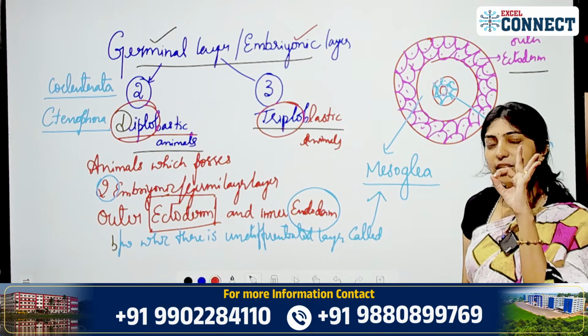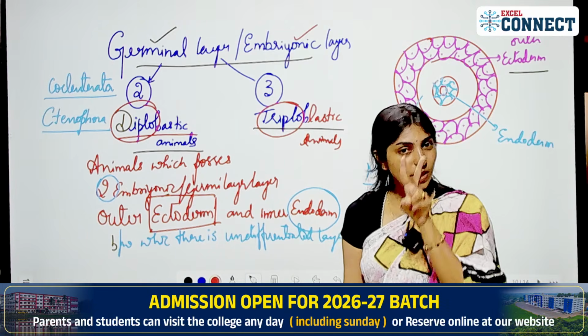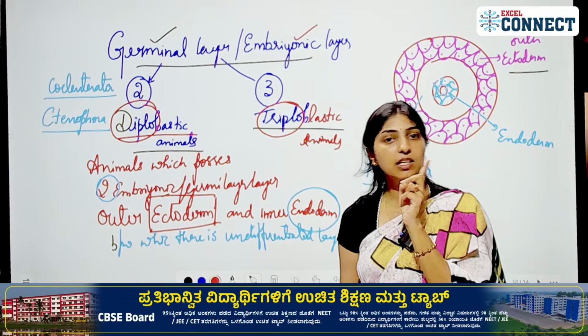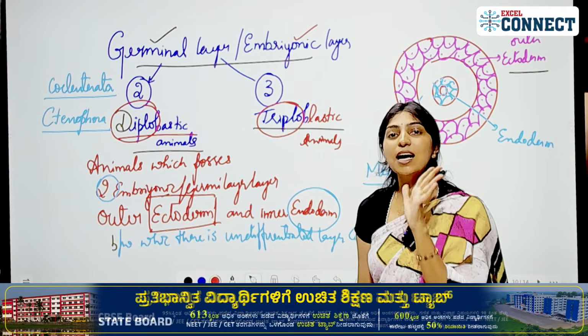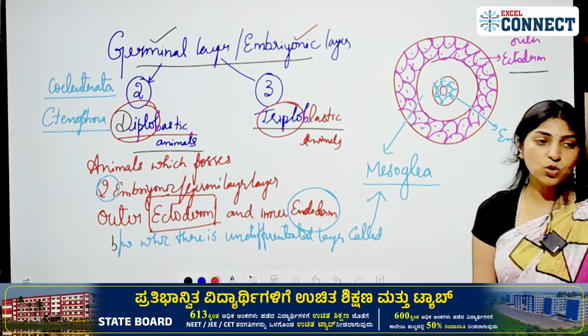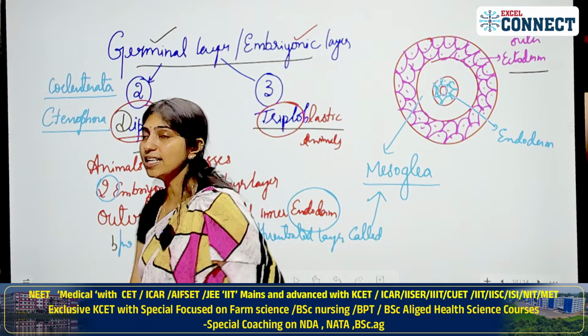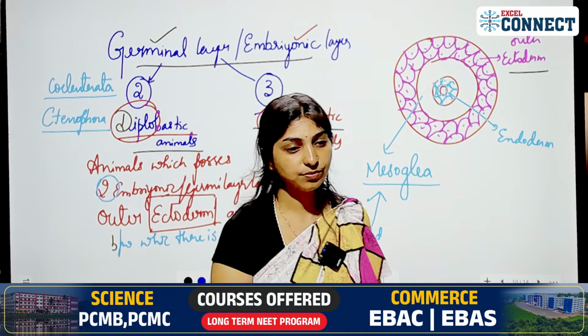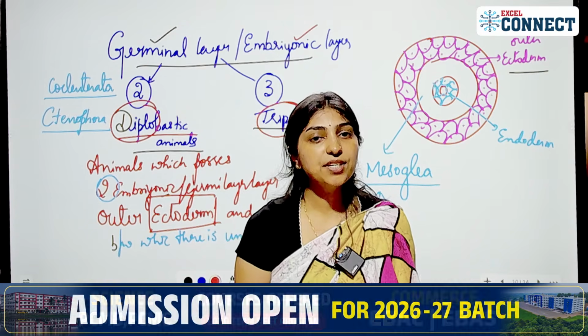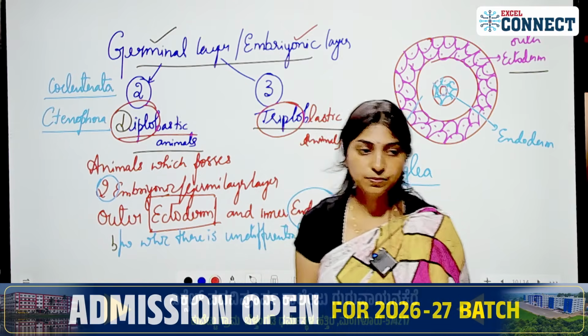I have told you there are only 3 simple points to remember: 2 layers, outer ectoderm, inner endoderm, and in the middle an undifferentiated layer called mesoglia. And the examples you already know: Coelenterata and Ctenophora.